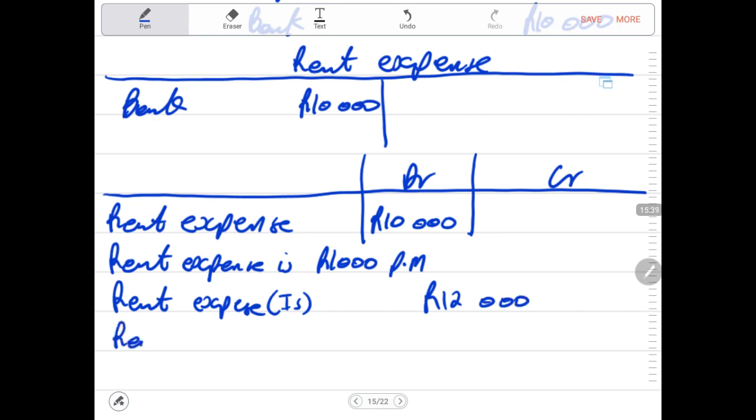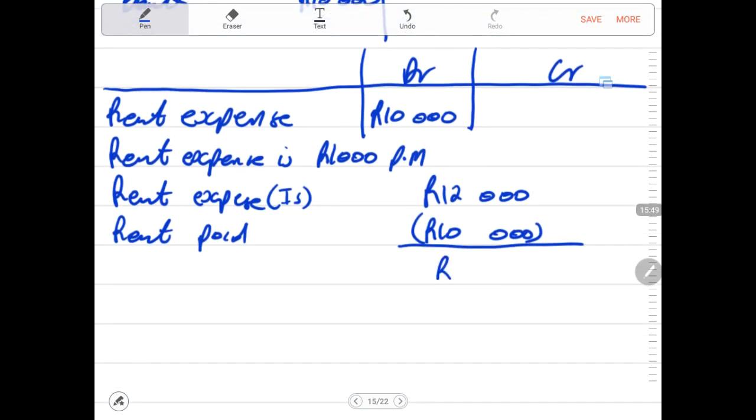Then you say how much rent is paid. Rent that is paid is 10,000, meaning the one that is in the trial balance. Then you say now, did you overpay rent or underpay rent? We have underpaid rent by an amount of 2,000 rands. So now we paid 10,000 instead of 12,000. The previous one we paid 13,000 instead of 12,000. Now in this case this will be accrued.